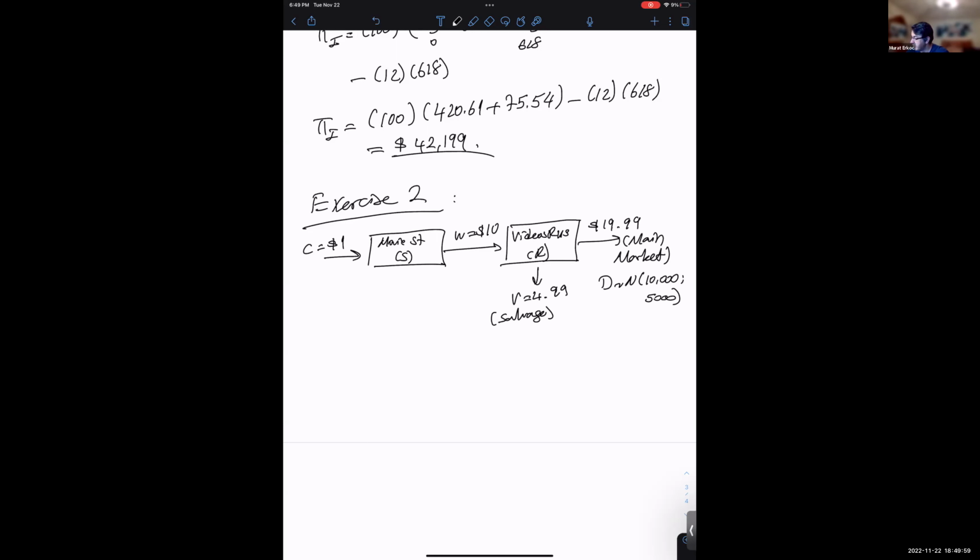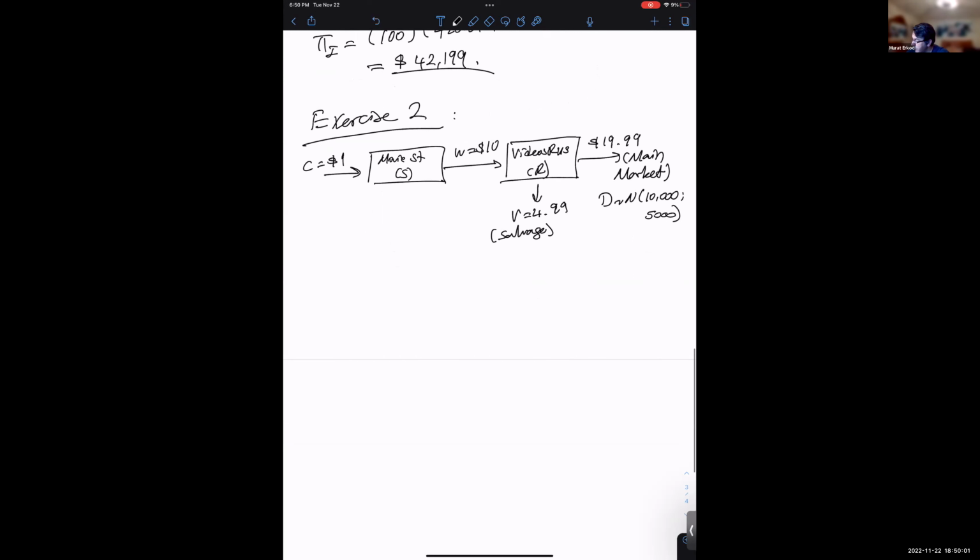So if this is the case, how many Videos R Us would order is, again, a function of the critical ratio, which is P minus W divided by P minus V. P minus W is 19.99 minus 10, divided by 19.99 minus 4.99.